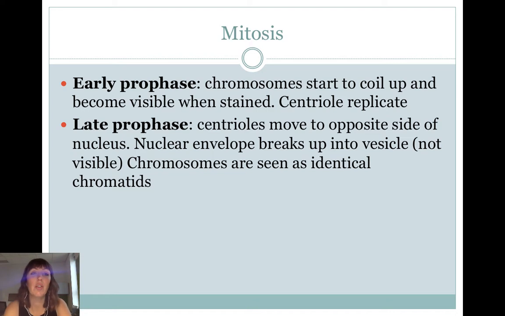For mitosis, you have early prophase and late prophase. In early prophase, chromosomes start to coil up and become visible when stained, and the centriole replicates. In late prophase, the centrioles move to opposite sides of the nucleus. The nuclear envelope breaks up into vesicles, which are not visible, and the chromosomes are seen as identical chromatids.